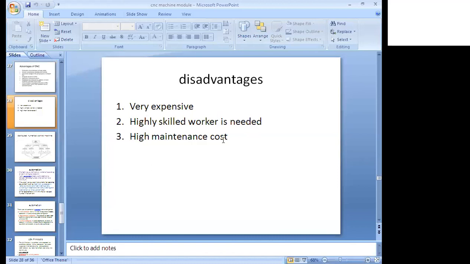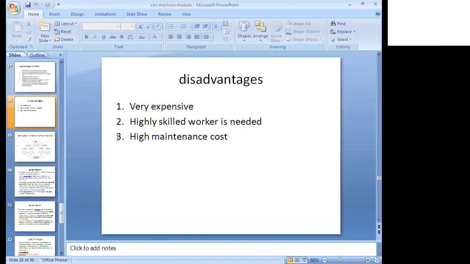But here we use a number of CNC machines, connecting computers and programs from one machine to another, so there are multiple operations and multiple machines. So obviously a highly skilled worker is needed. This is also one of the limitations, or disadvantages, of the DNC machine.